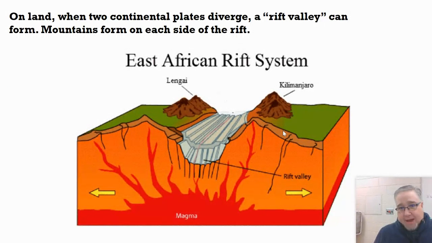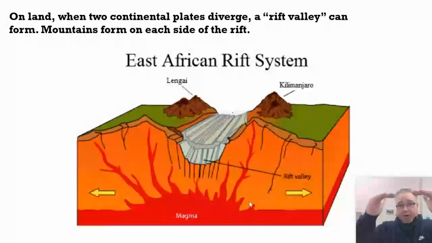Now, here's another thing that could happen, especially if this happens on land. Something called a rift valley can form. Here, for example, you might have two plates, one moving in this direction, one moving in this direction. And as those plates are moving, literally the earth is sinking in between. We call that a rift or a rift valley.